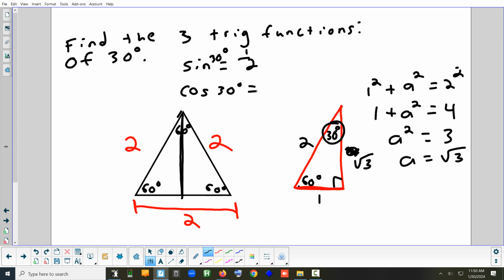What's the cosine of 30 degrees? Square root of 3/2. And the tangent of 30 degrees. Remember to fix it if you need to fix it so the root's not in the bottom. It's going to end up being square root 3/3.